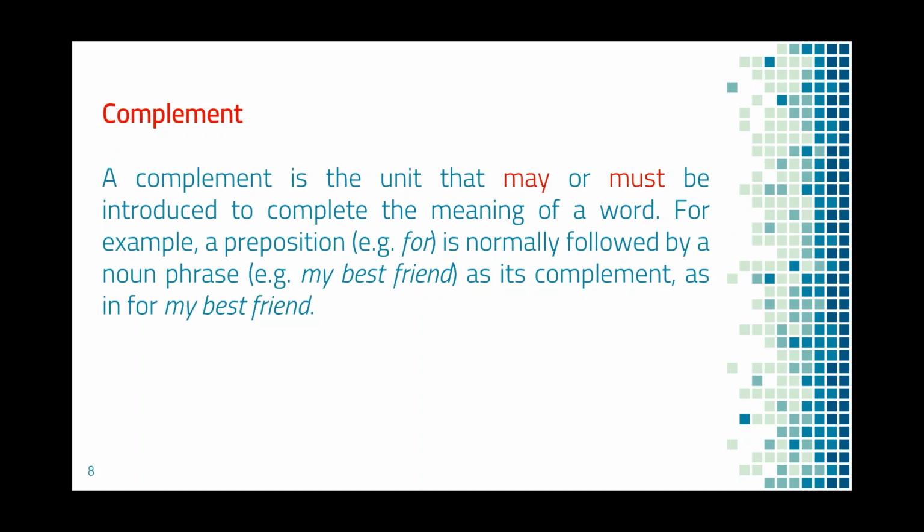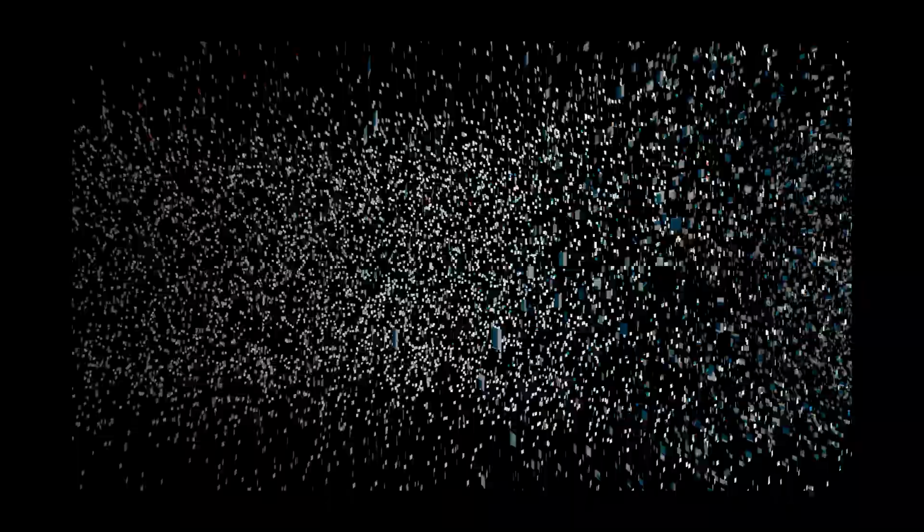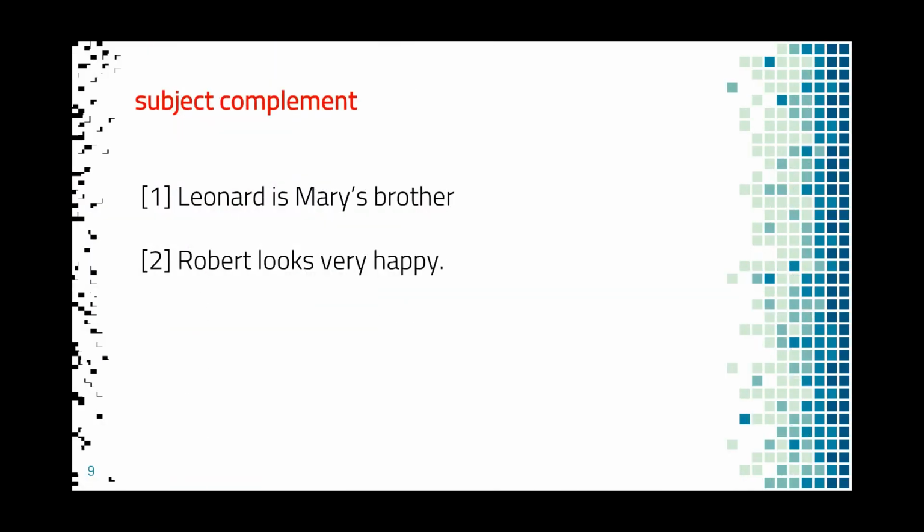In addition to that, you need to keep in mind that the complement could be of different types. There is the subject complement. There are 2 points you need to keep in mind when it comes to the subject complement.